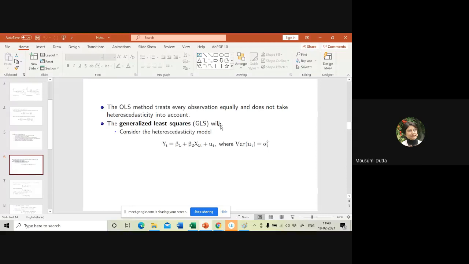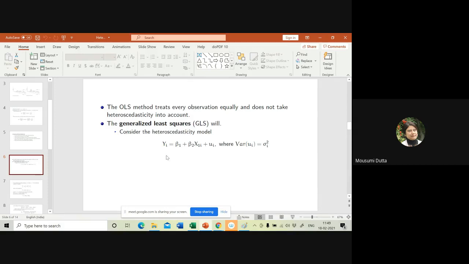OLS will not be suitable because it will not be able to give us the best estimator, and therefore all t statistics will be erroneous, because the main problem with OLS is it treats every observation equally and does not take into account the heterogeneity in the variances. Therefore we will move towards the generalized least square method of estimation.